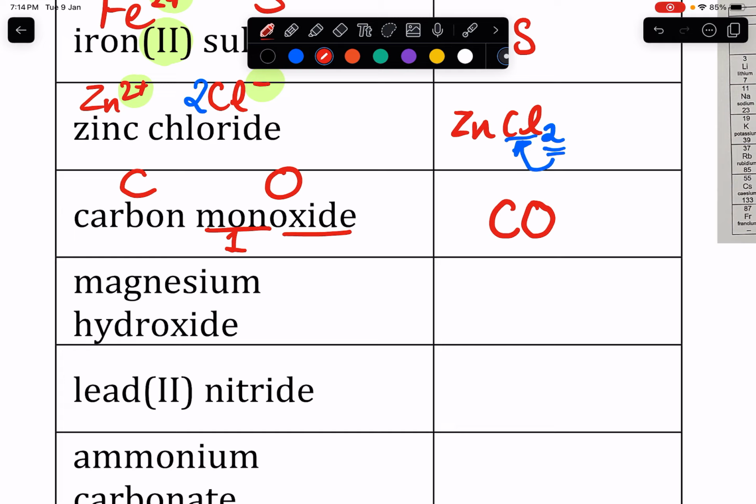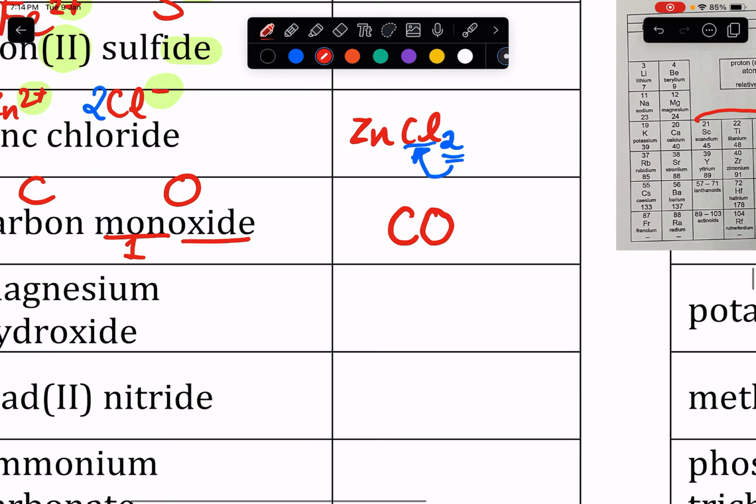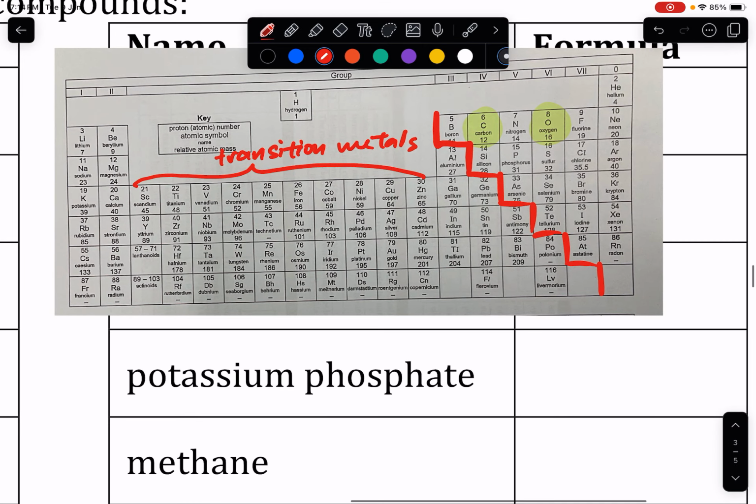Next, magnesium hydroxide. Let's look at the periodic table again. Magnesium is over here. Hydroxide can't be found on the periodic table. It is a polyatomic ion, which is an ion that has more than 1 atom.